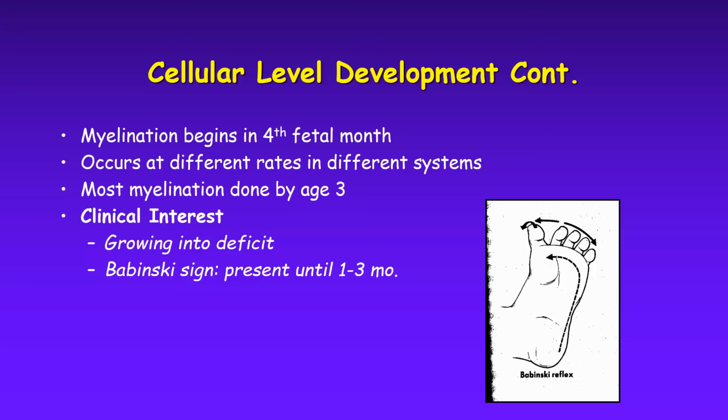Just another clinical interest. So there's a thing called the Babinski sign where you scrape the bottom of the foot. You look for the big toe. If the big toe goes up, the other 4 toes kind of splay out a little bit. In an adult, that's abnormal. That's indication of an upper motor neuron problem, like brainstem or spinal cord has a problem in it. In a baby, before the age of 3 months, that's because they're still not fully myelinated.